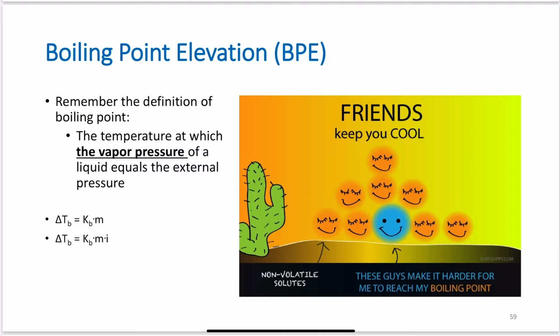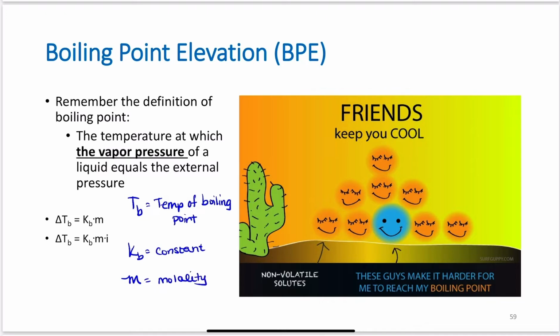These are the 2 equations we have for the change in temperature, specifically boiling point temperature. T_B is boiling point temperature. K_B is a constant. m is molality.